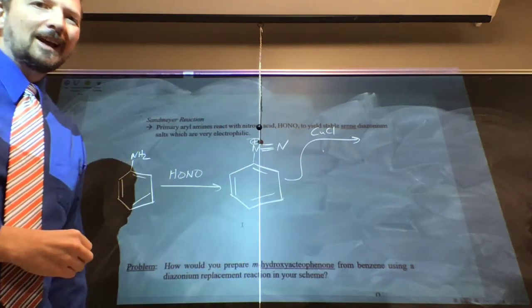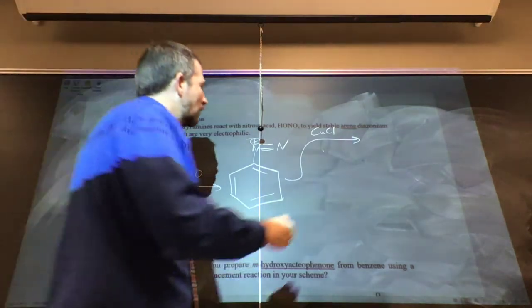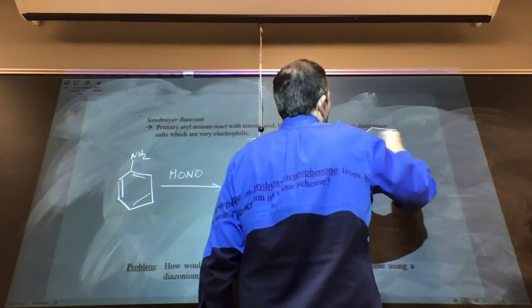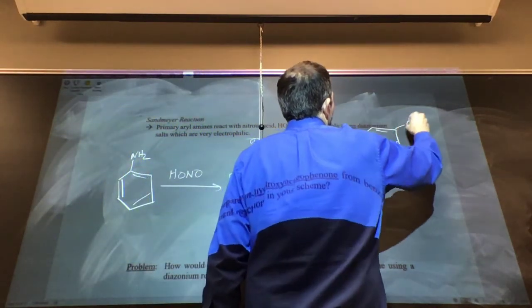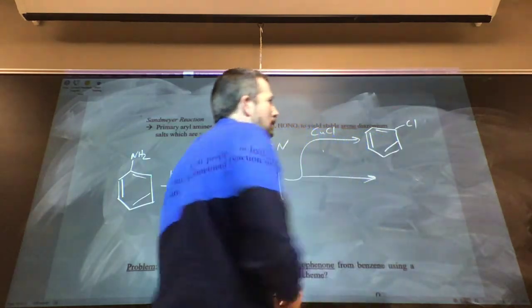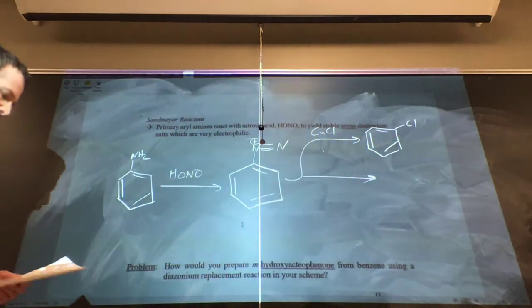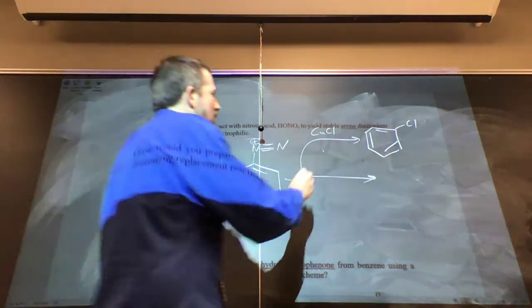You can replace that N2 with chlorine. You can replace it with the bromine.